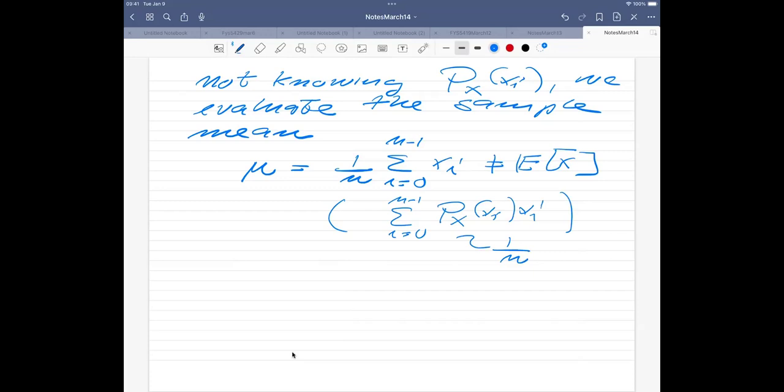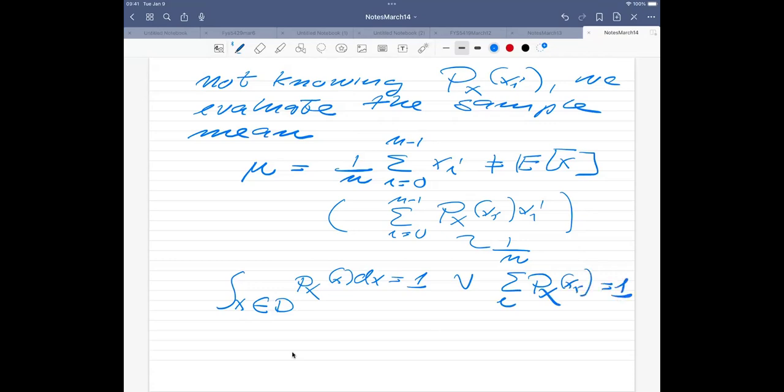So that means we have replaced our lack of knowledge of P of X with a uniform distribution where all events are equally probable. Another thing to keep in mind is that the probability is always normalized. We are assuming that this is normalized to 1. Alternatively, if we have a discrete probability distribution, then the sum over all the events of x of i is also equal to 1.